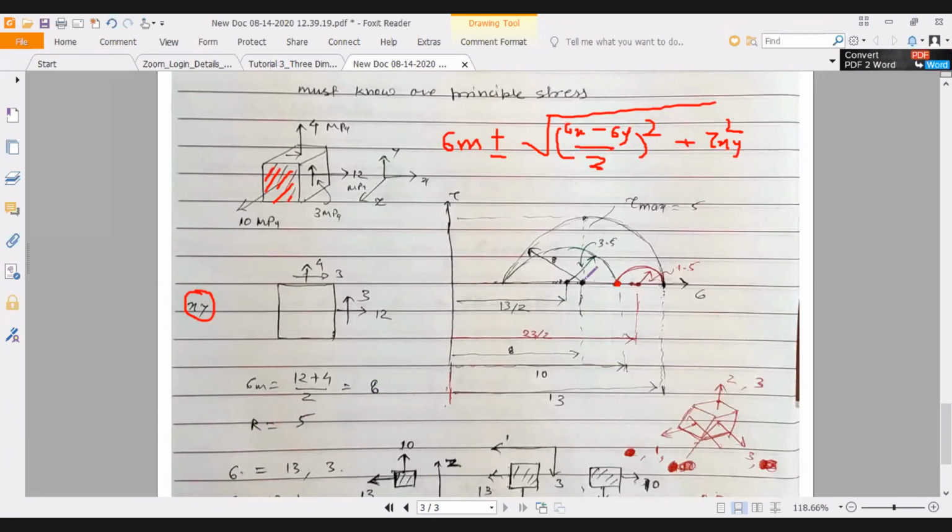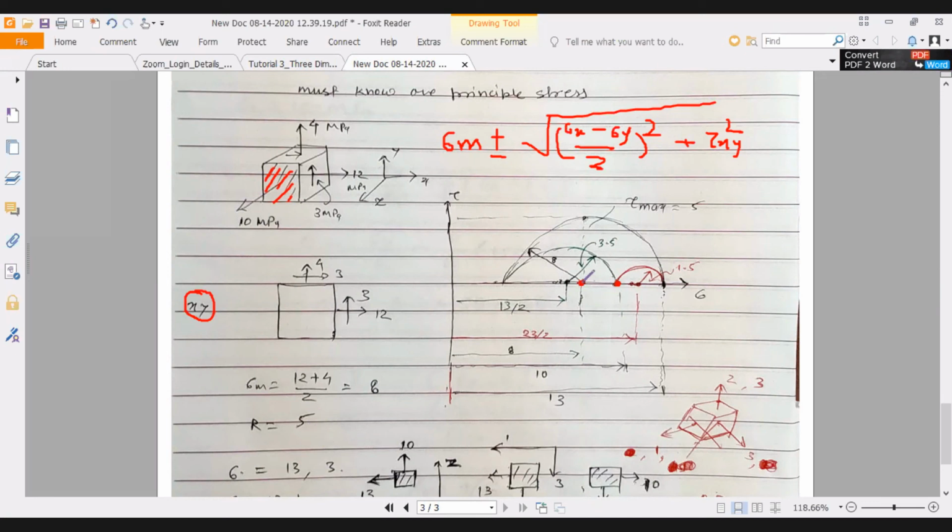Here I have represented that point. This is the mean, and the radius is with respect to this 8. One of these will give one of the principal stresses, that is 8 plus 5, which is equal to 13, and 8 minus 5 is 3.